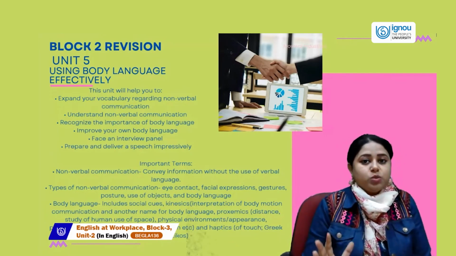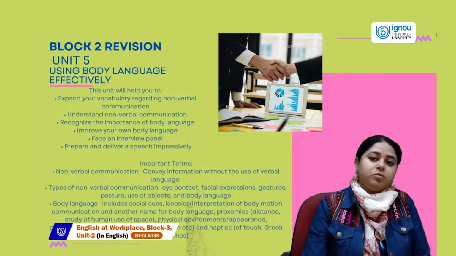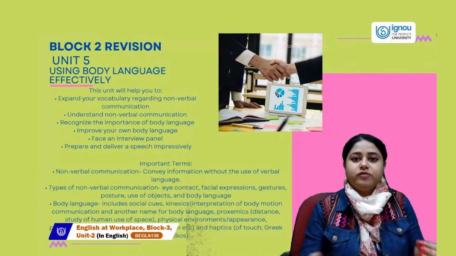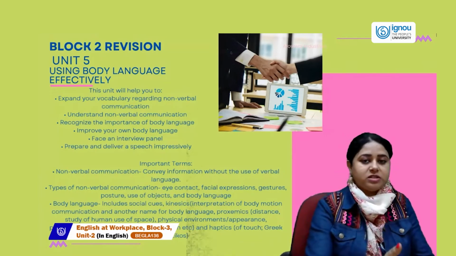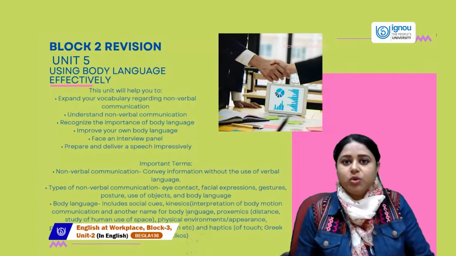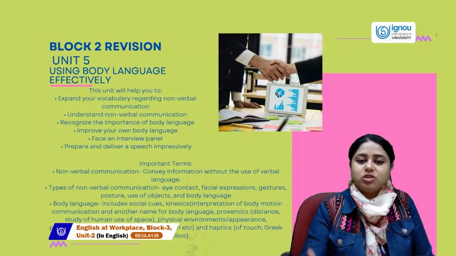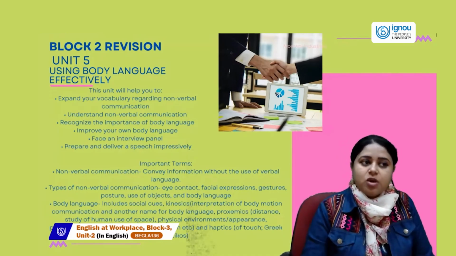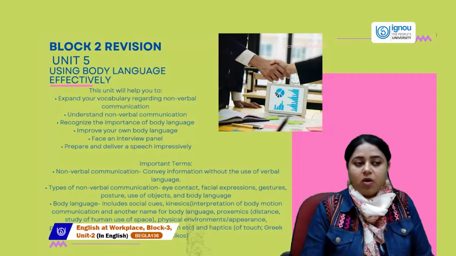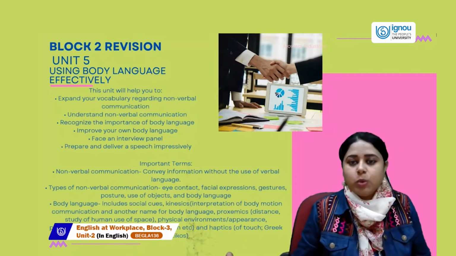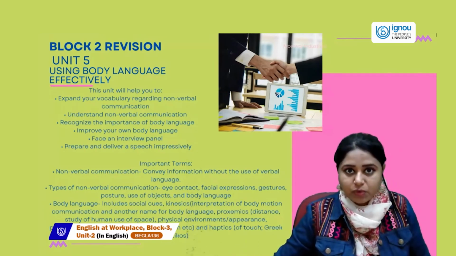So that balance will come with practice. There is no 5 second, 10 second rule that you have to look at this person for 10 seconds, that one for 5. That has to come with a lot of practice, with a lot of understanding or cognizance of where you are and what is happening, right?